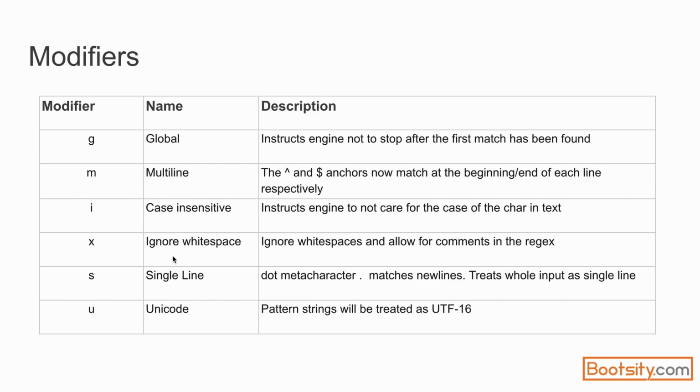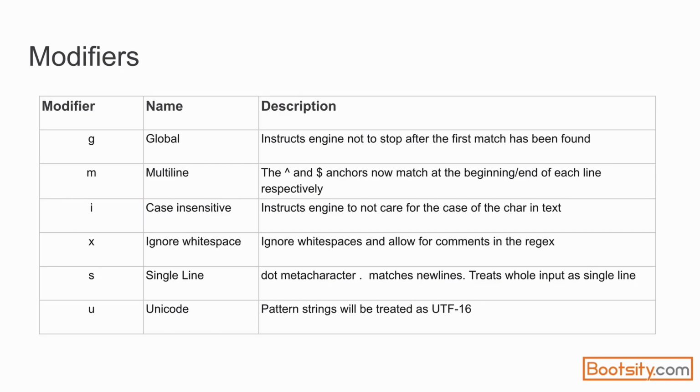X can be used to ignore white spaces in the regular expression, and it is famous for enabling inline comments in regular expressions. Soon we will see an example of how to use comments in regular expressions. S specifies that the complete text corpus given to the engine should be treated as a single line, and U denotes that the pattern string will be treated as UTF-16, or Unicode.